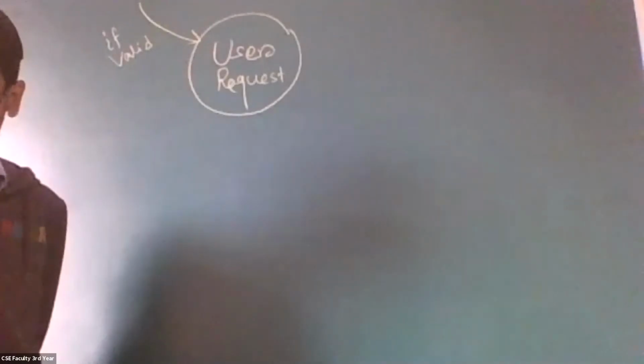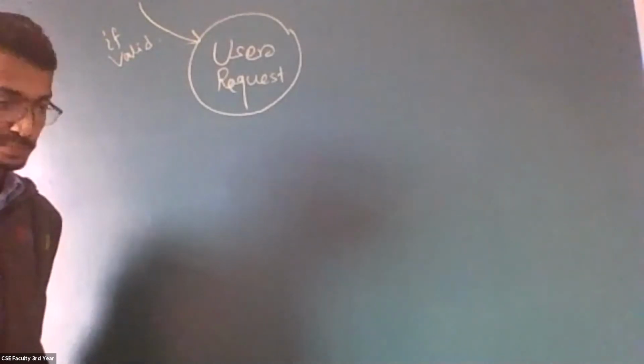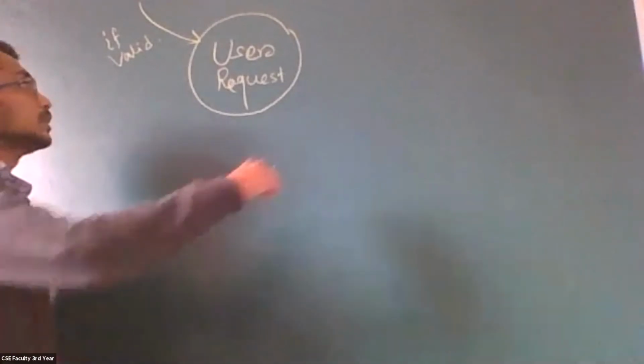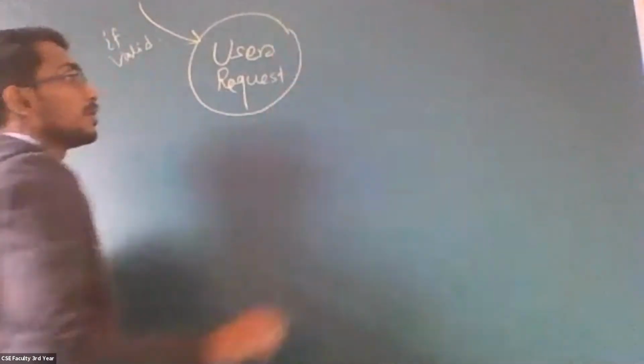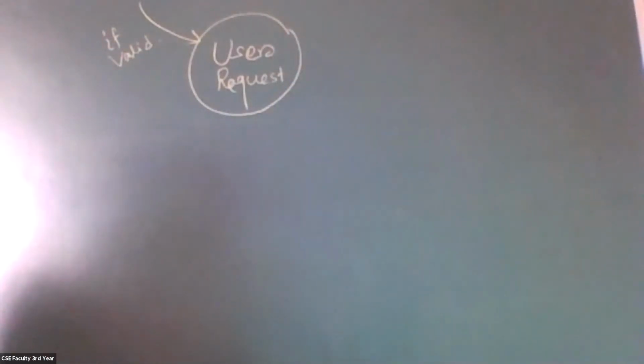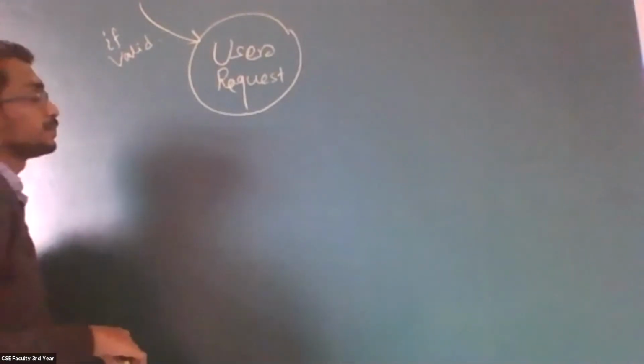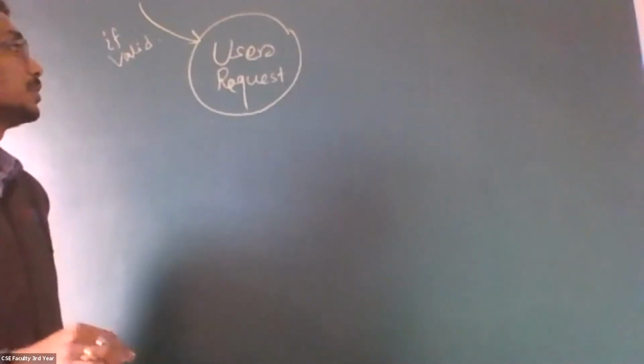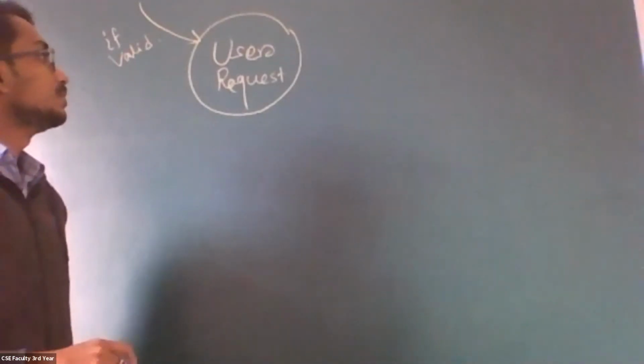So we have to check if the request can be granted or not, sir. Okay, request grant. It's possible. But before doing this request grant, let me think it again.